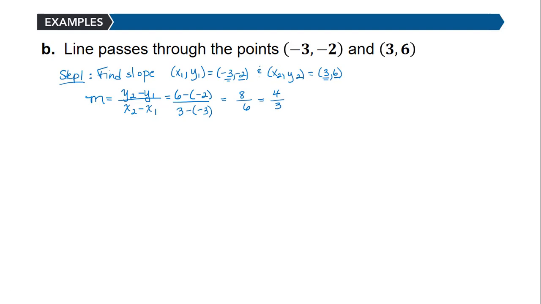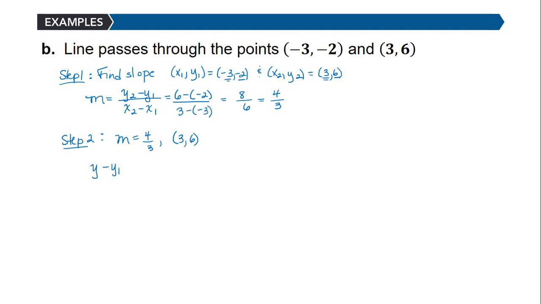So now we know a slope, and we know 2 points, but at this point I only need to worry about 1 point. So if our slope is 4/3, and let's just choose the point 3, 6 since it doesn't have any negative values, and we're going to plug into the point slope form.